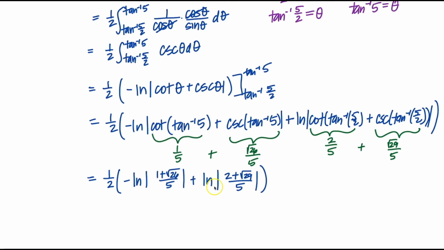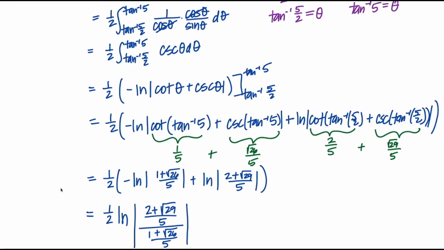So I have this natural logarithm here, minus this natural logarithm here. And hopefully we remember a log property that says I can combine these to be a quotient. So I'm going to have natural log of this argument over this one. So that's going to leave me with 1/2 natural log, the absolute value, 2 plus rad 29 over 5 over 1 plus the square root of 26 over 5.